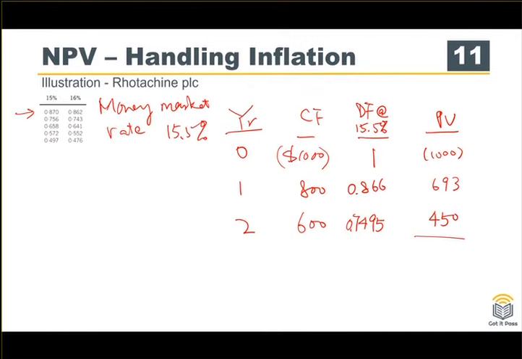So the NPV based on the money market rate is 143.